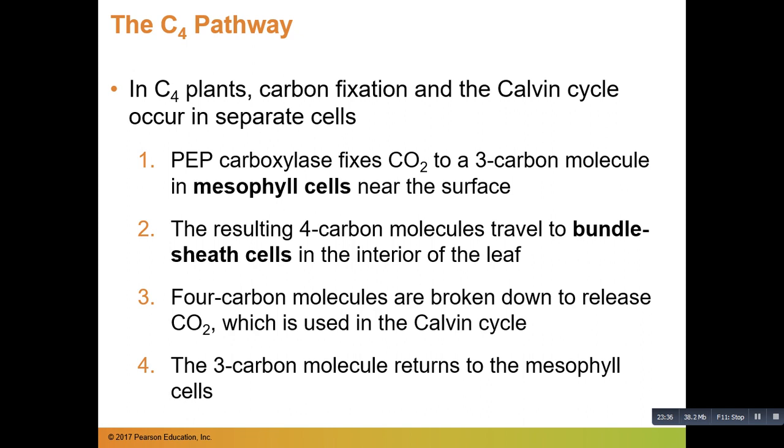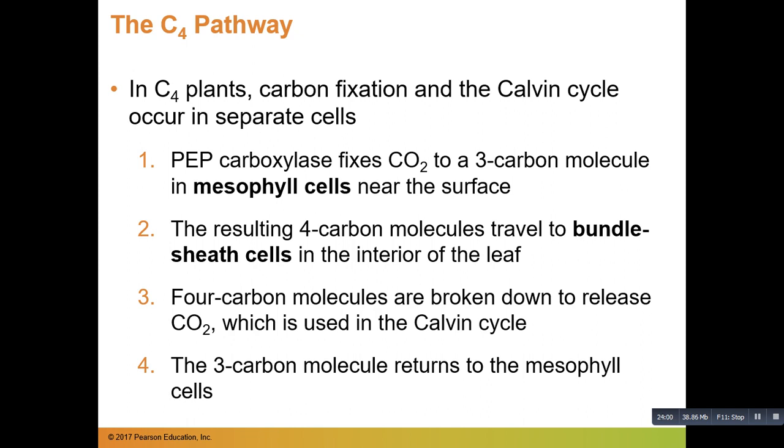Okay, so this 4-carbon molecule that was formed in the mesophyll cells near the surface is then going to travel to bundle sheath cells. These are protected in the interior of the leaf, so they're just basically pulled in to a separate room, if you will.